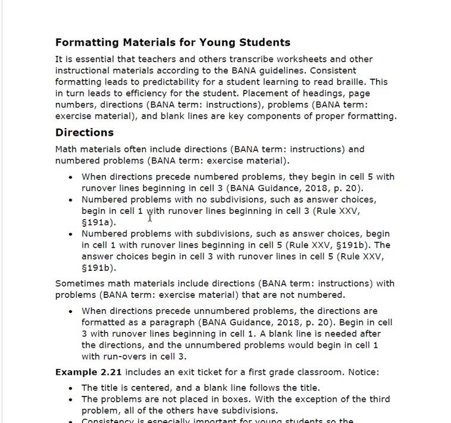Some people spaced 1 line, some people spaced 5 lines, and some people indented the number and then ran over with being all the way on the left, which is fine, which is what you should have been doing. So this is talking about starting in cell 5 and run-over lines in cell 3. If it's a really long word problem, you're going to go down a couple of times. Every time you go down, you start in cell 3. Okay?